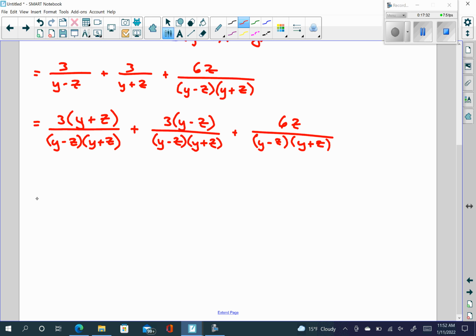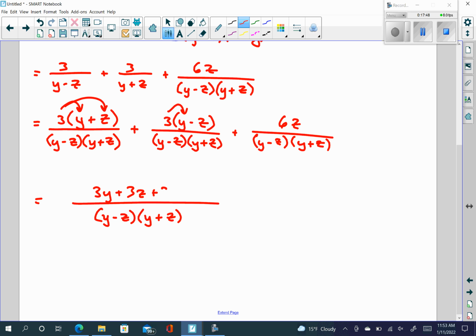Now we make one big fraction over our LCD. Distribute, everything's positive now, which is nice. So we'll get a 3y plus 3z plus 3y minus 3z and then plus 6z.